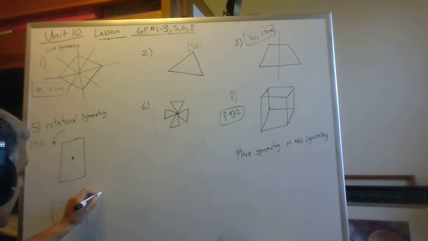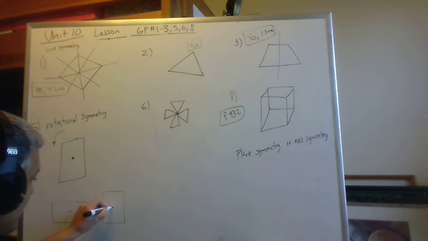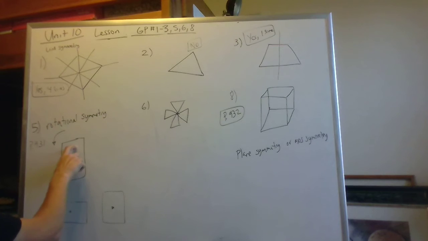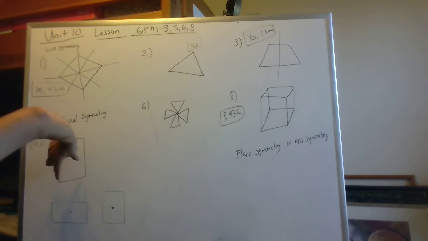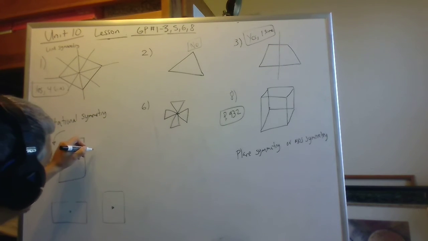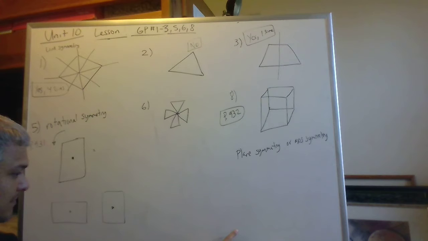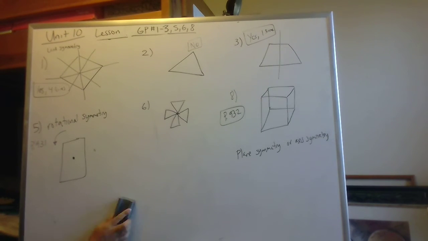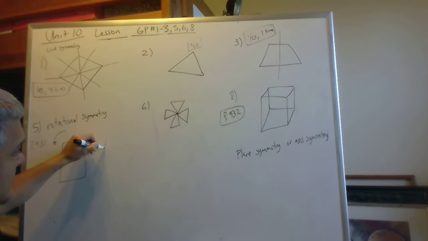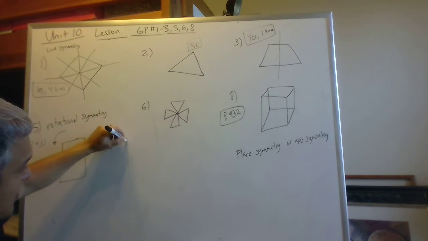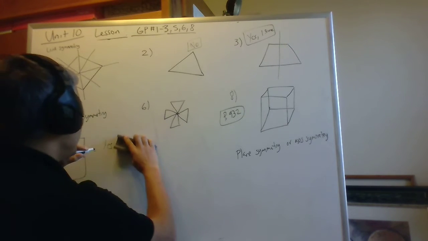Then we would get the rectangle in its place, just like the original. So if we were to take this and spin it 180 degrees, we would get a shape of the rectangle to make it look like the original or land on itself. So essentially, yes, there is a rotational symmetry and it wants you to label it. So it's 180 degrees.